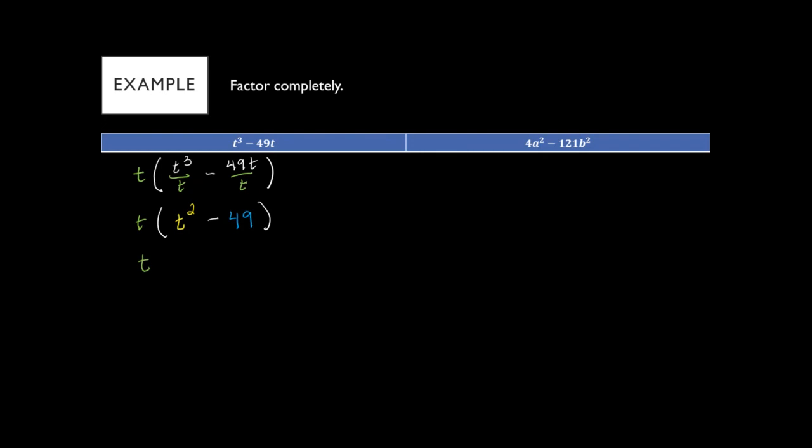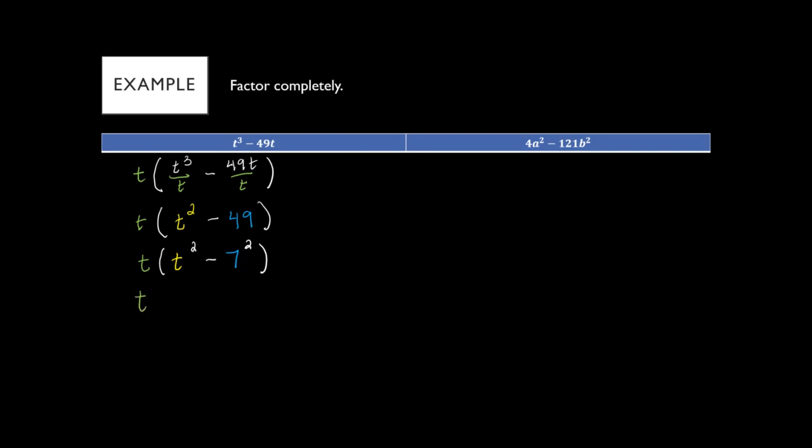And I always make sure my t's are curved so they don't look like plus signs, because otherwise it can get very, very confusing. So we've got t squared minus, and then that is 7 squared. And so when we use our formula, this is going to become t plus 7 and t minus 7.